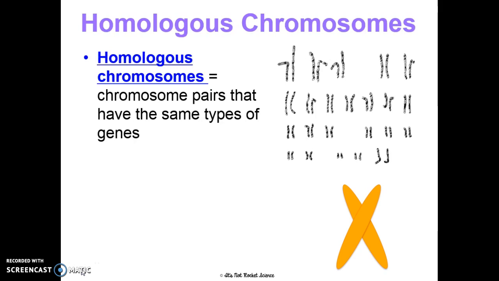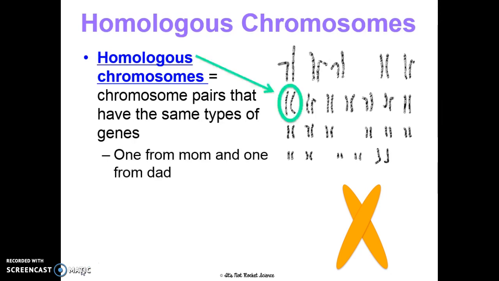So both of those sets might code for the same thing, but they're not quite identical. Now, that is different from, so this would be an example of a homologous chromosome, the circle that is around that pair. So they're not perfectly identical, but they code for the same thing.